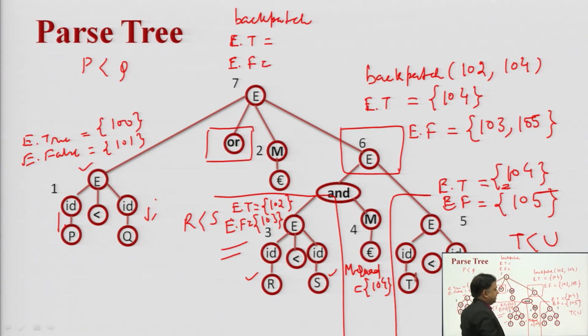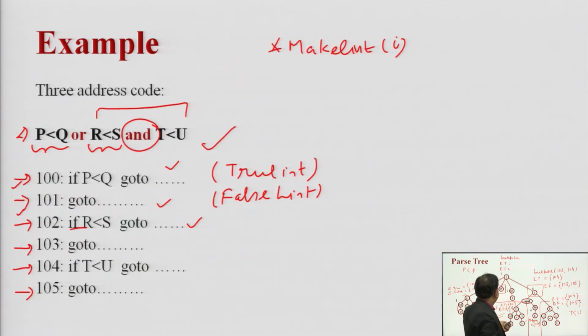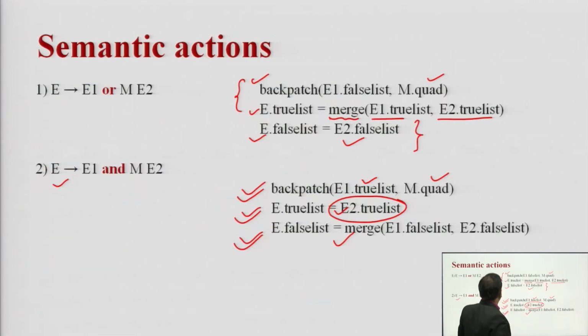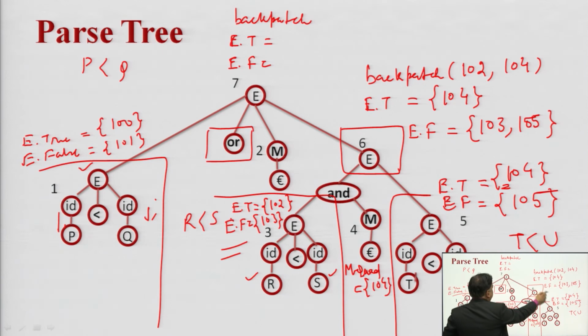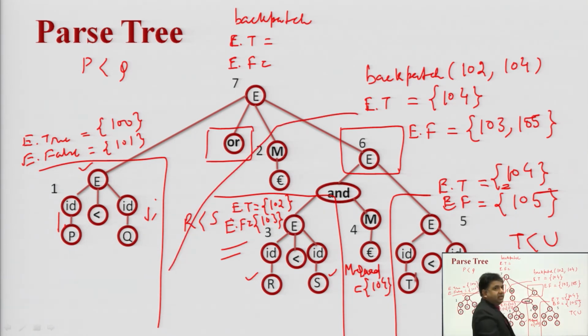So in case of backpatch, in case of OR operation, what is the value of backpatch? That is E1 dot false list comma M dot quad. So what is the E1 dot false list? Again this is my E1 for this E and the rest is E2. So this is E1 dot false.